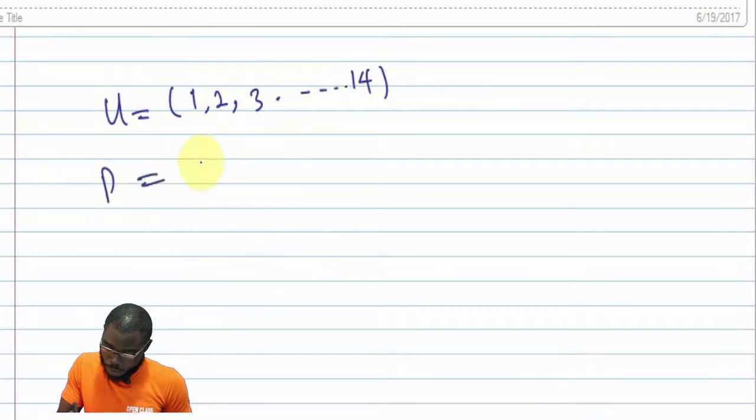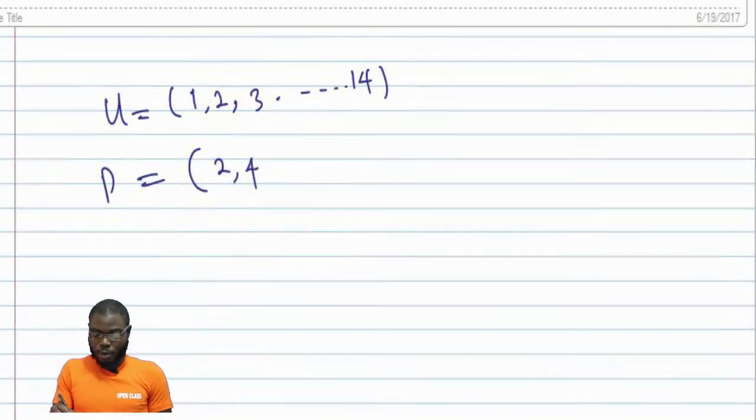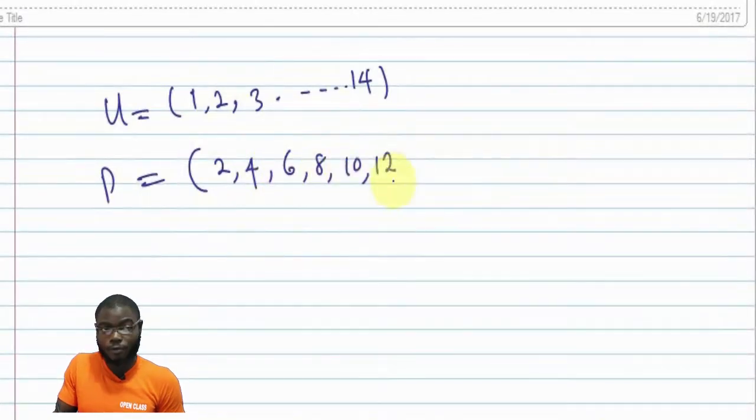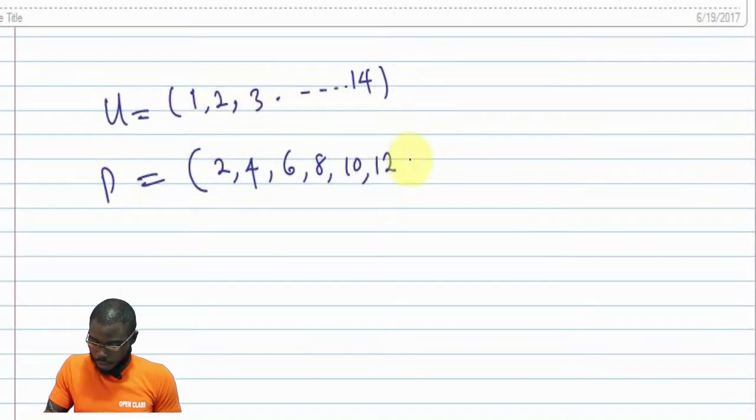So p, even number between 1 and 14 is 2. Even numbers are numbers when you divide them by 2, you have a whole number. So you have 2, 4, 6, 8, 10, 12, right? 12, and between 1 and 14, so you have 14 also.